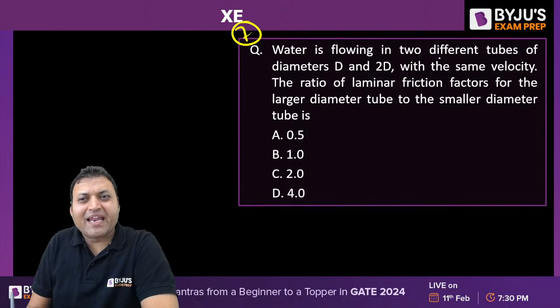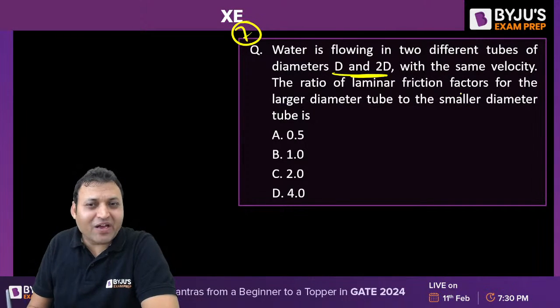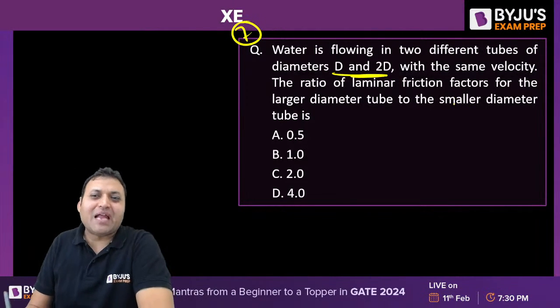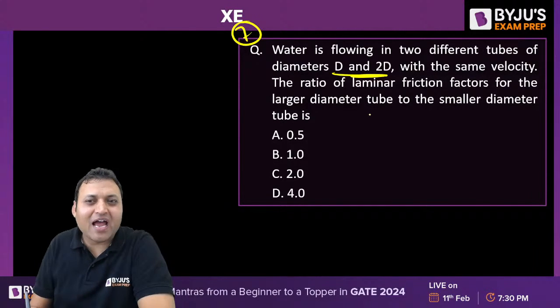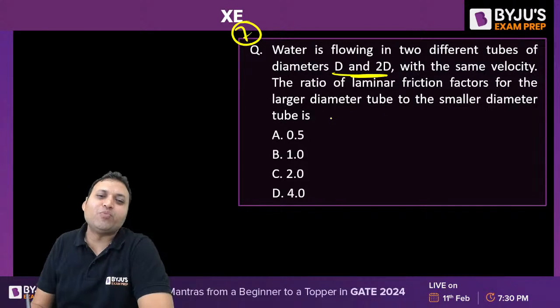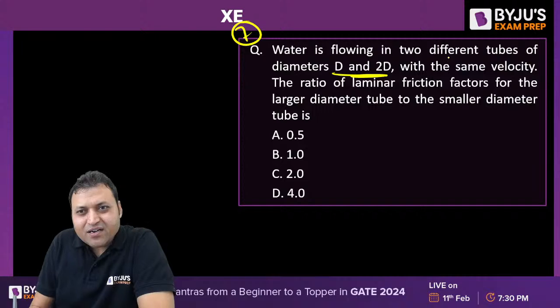Water is flowing in two different tubes of diameters d and 2d with the same velocity. The ratio of laminar friction factors for the larger diameter tube to the smaller diameter tube is. What is the answer?